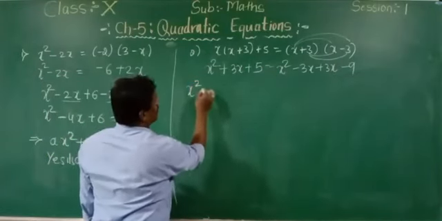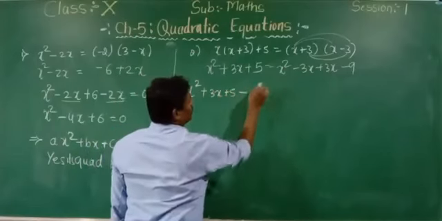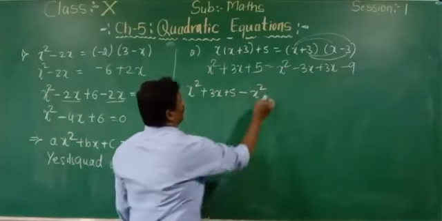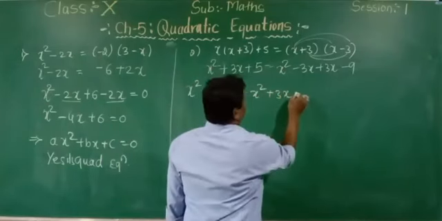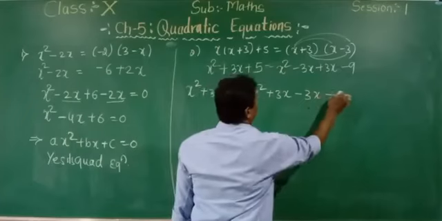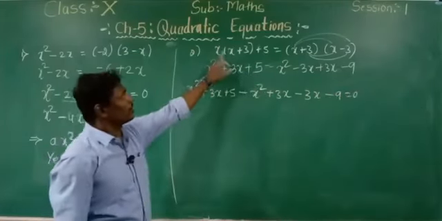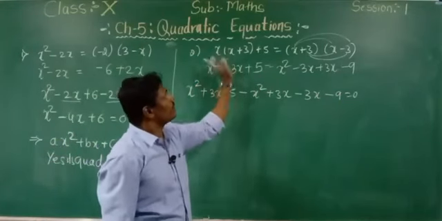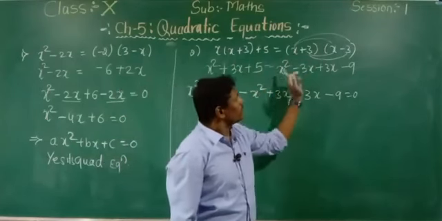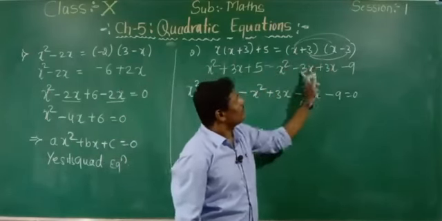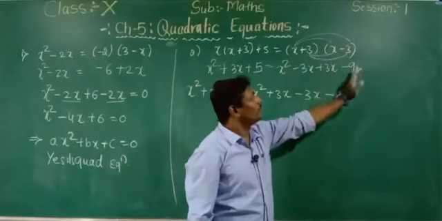So x square plus 3x plus 5 minus x square plus 3x minus 3x minus 9 is equal to 0. Just check it once again. x into x, x square, x into 3, 3x, remaining 5 as it is. x into x, x square, x into minus 3, minus 3x, plus 3 into x, plus 3x, plus 3 into minus 3, minus 9.